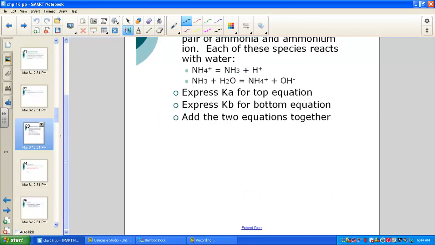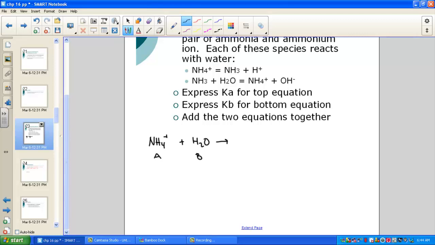Where it's asking us to write the reactions for the two species in water, let's start with the NH4+, the ammonium polyatomic ion, and place that into water and see what would happen. Here we would label the ammonium as an acid, and water would be acting as a base.